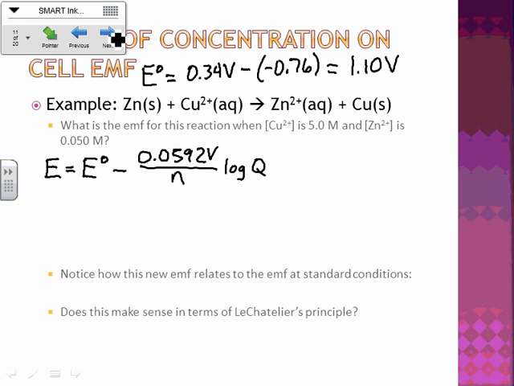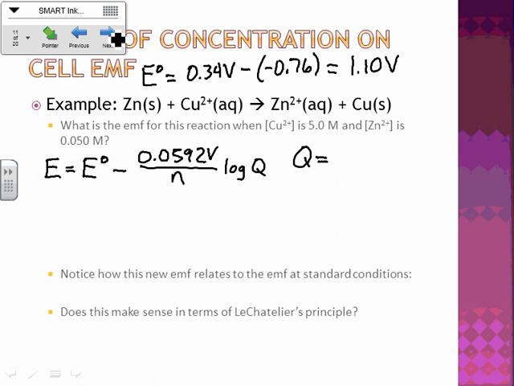Okay, now what else do we have to figure out here in this equation? We have to figure out our Q, right? Now, Q is just like the equilibrium expression, except we're not necessarily at equilibrium, right? So we're just taking products over reactants. But what are the only things we have to include in our equilibrium expressions, or our Q expressions? Just the aqueous and the gases, right?